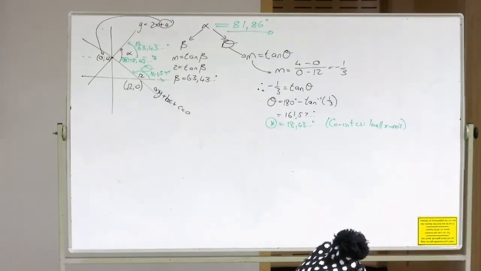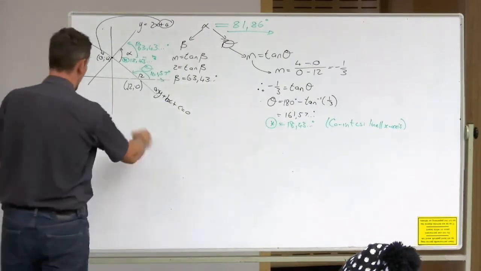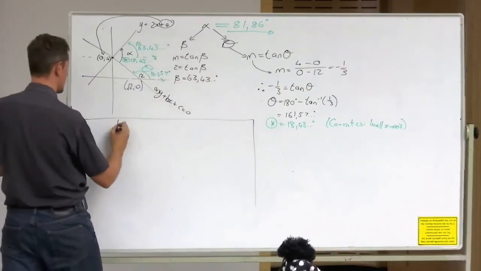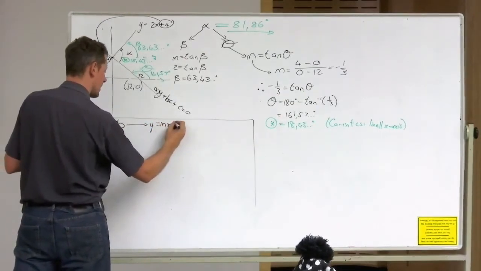So if I look at B, again, the monkey behind the mountains. My answer for B, I can get, that's my monkey, but I can get by determining the equation of the straight line. So to get B, I've got to go y equals mx plus c.